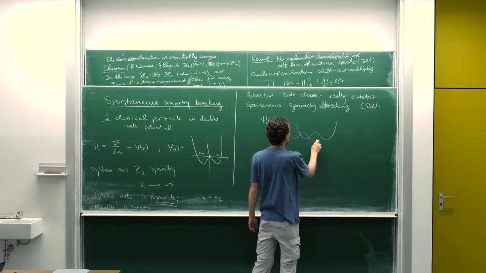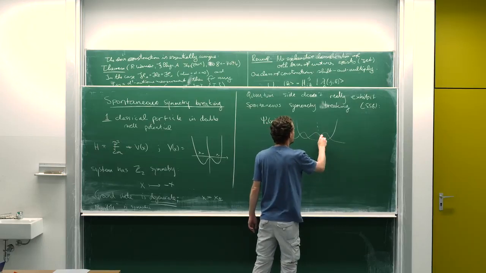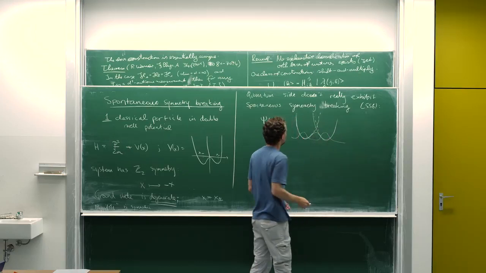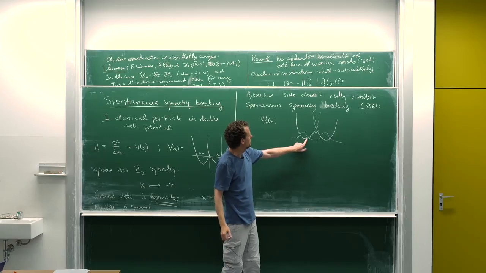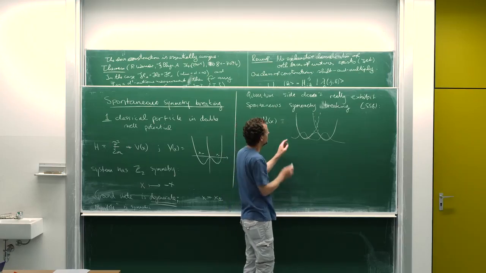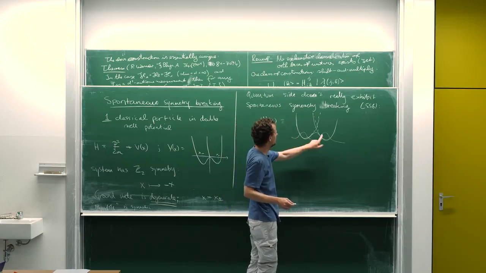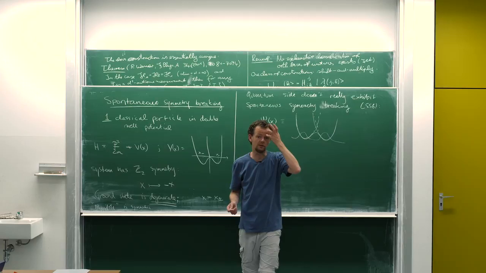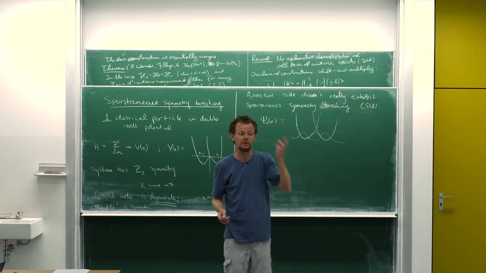Well, it looks like the ground state of this harmonic oscillator. You think of this well here as being basically a harmonic oscillator, and the ground state wave function looks like an equal superposition of a Gaussian here and here, because a Gaussian is the ground state of a harmonic oscillator.